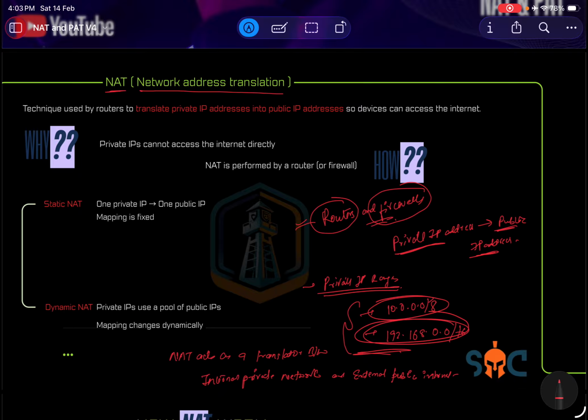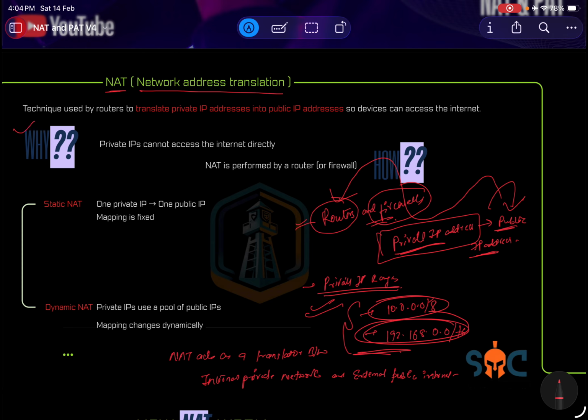Okay, so whenever we have to communicate with the internet, private IP addresses cannot directly go and communicate with the internet. So in that situation, the IP address which is assigned to any of the devices is converted into a public IP address by the router to communicate over the internet.